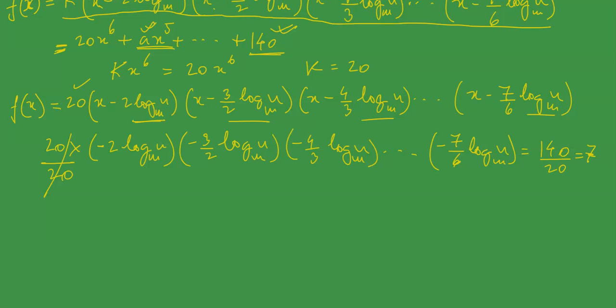So now coming to the product on the left hand side. If we see the coefficients, one thing is common, that is log n to the base m. This is getting multiplied 6 times, so this is to the power of 6. Now what is the coefficient? You see, this is 2 in the numerator, 2 in the denominator. For this, 3 is in the numerator, 3 is in the denominator.